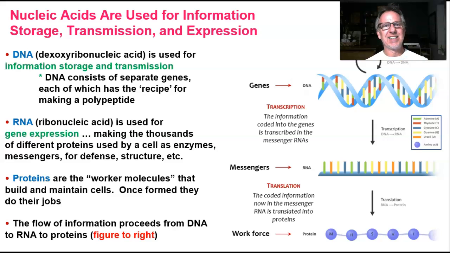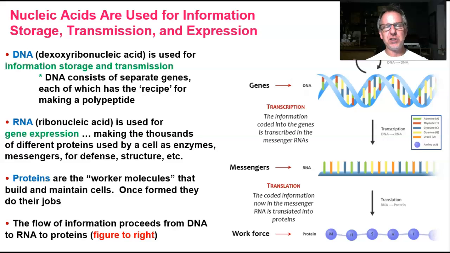So nucleic acids are used for information transmission. The information is transmitted or passed on from cell to cell to cell to cell. And that's been going on for as long as life has been around on Earth, which is at least 3.5 billion years.